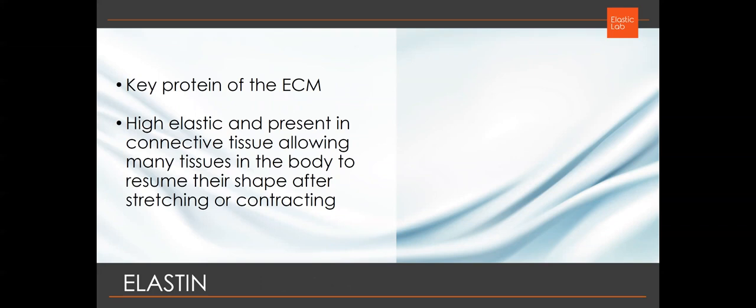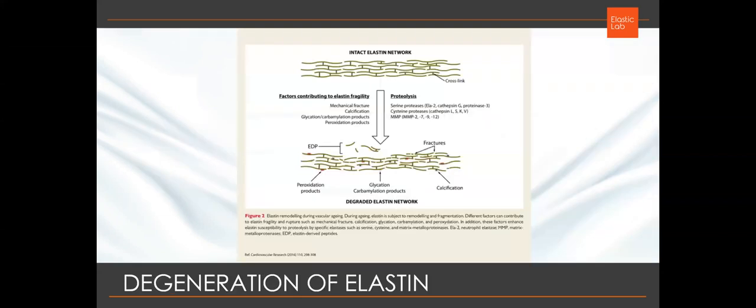So, elastin. Elastin is the key protein of the ECM. It's a very highly elastic molecule which is present in connective tissue, and it allows the tissues to resume their shape after stretching or contracting. If you look at this diagram, at the top we have an intact elastin network which is cross-linked, so you have a very strong network of elastin.